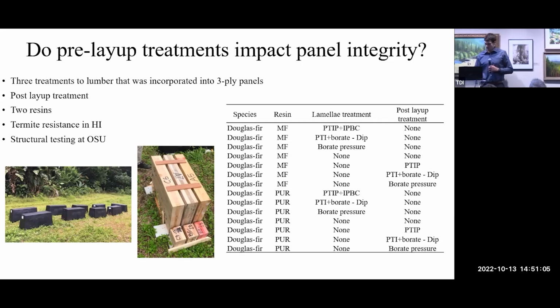I had a student characterize these for their structural strength properties, did a little microscopy of the bond lines, and also we have these sitting out at an active Formosan termite site on Oahu in Hawaii.